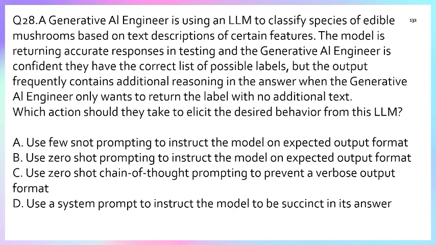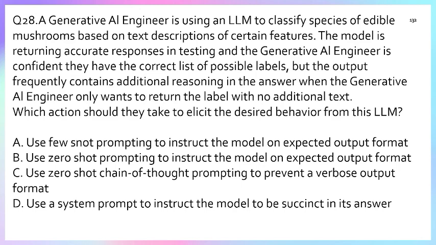Option B, use zero-shot prompting to instruct the model on the expected output. Zero-shot prompting involves giving the model a prompt without any examples. If you do not give examples, the model will not be guided for that. Option C, use zero-shot chain-of-thought prompting to prevent the verbose output.